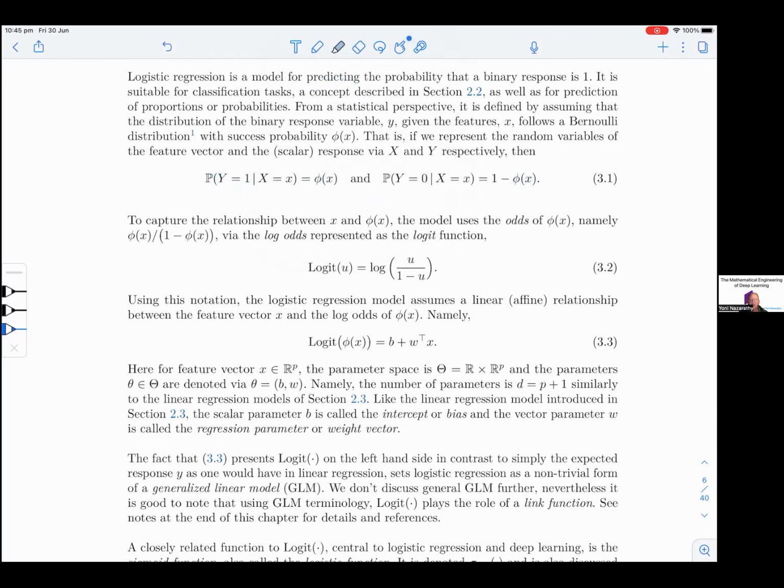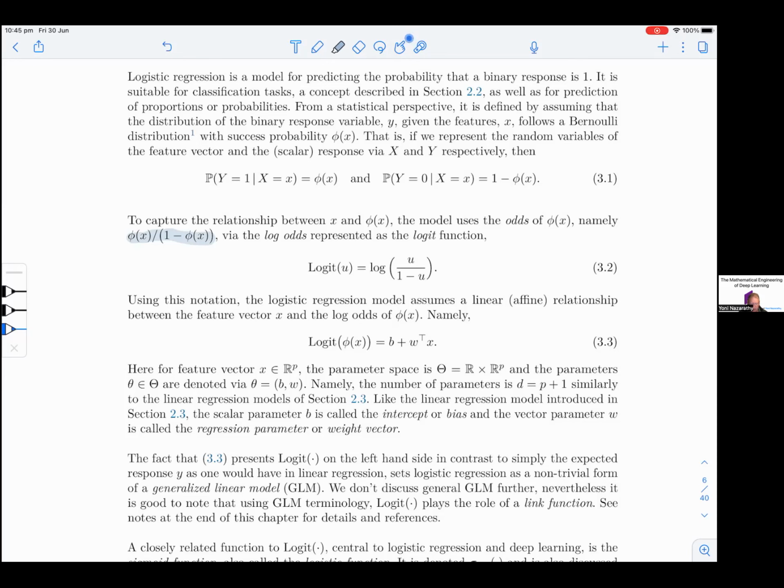To capture the relationship between x and phi of x, the model uses the odds of phi of x, namely phi of x divided by 1 minus phi of x. That's what you call odds, via the log odds represented as the logit function. So the logit function, logit of u, is log of u divided by 1 minus u.